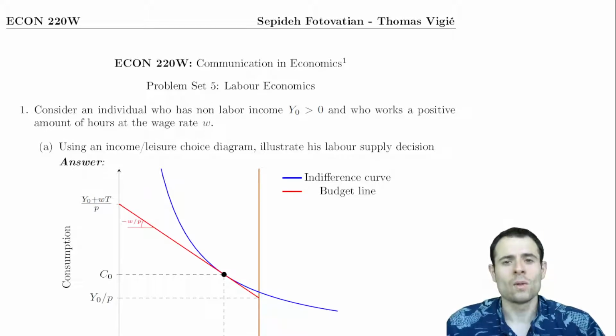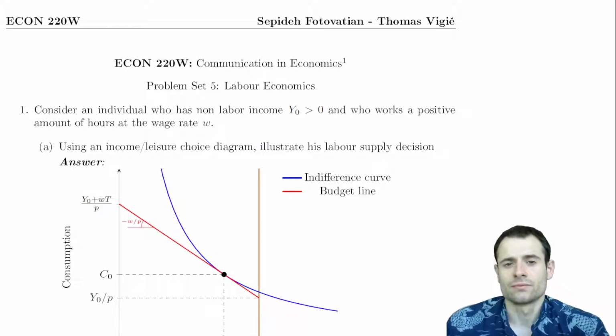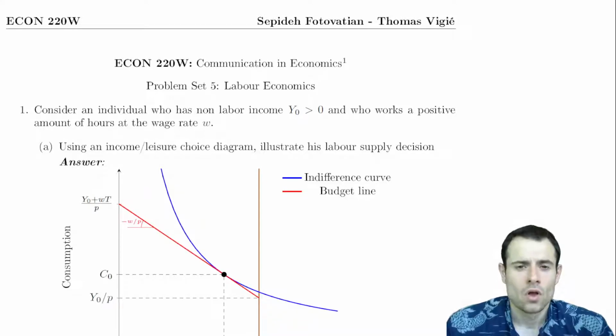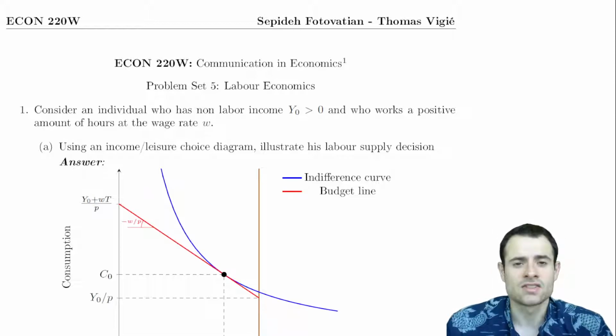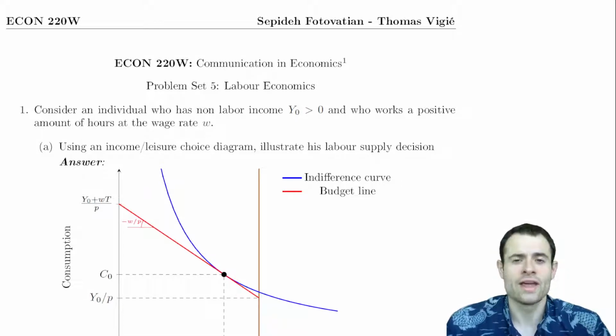The trade-off will be dictated by the opportunity cost of leisure: what somebody is giving up by taking an hour off. Often, this opportunity cost will be the wage, the highest wage that somebody could be making if he was working rather than having fun.